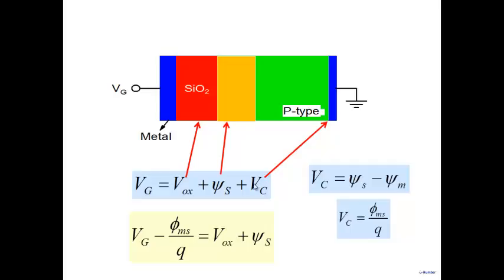So when I write VG minus phi ms by q, what is it referring to? It's not referring to the total voltage drop from here to here. It's only referring to the voltage drop from here till the bulk of the semiconductor. So the effective drop from here till the bulk of the semiconductor is VG minus phi ms by q, and that's equal to the drop here and the drop here.